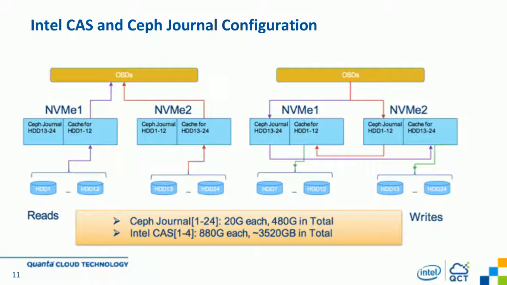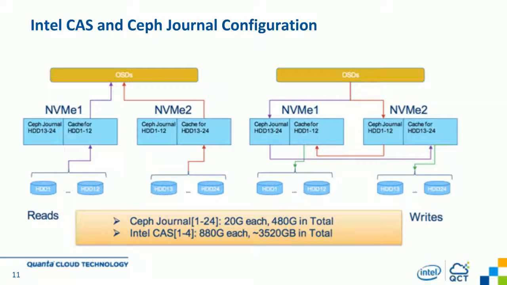The Ceph journal helps in improving the small write performance and also provides consistency by enabling atomic updates to an object. Only a small portion of the NVMe is required for each OSD drive. This is around 40 gigabytes per drive.